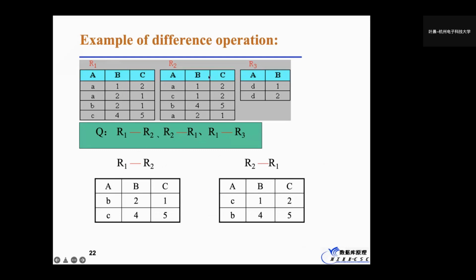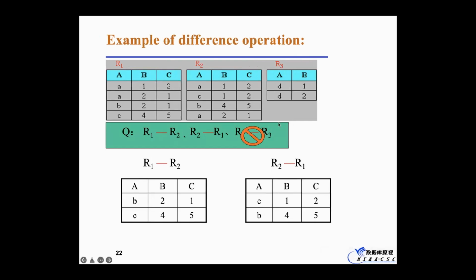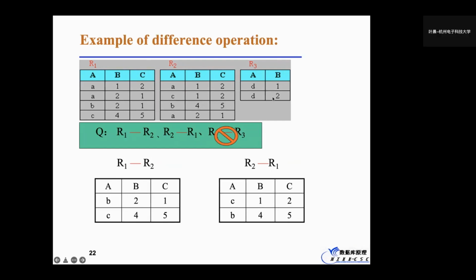Similarly, we can get a result for R2 minus R1, but we can see these tuples are not the same. Also, we can't conduct R1 minus R3, because they don't have the same attributes, and their attributes also don't have the same domain.